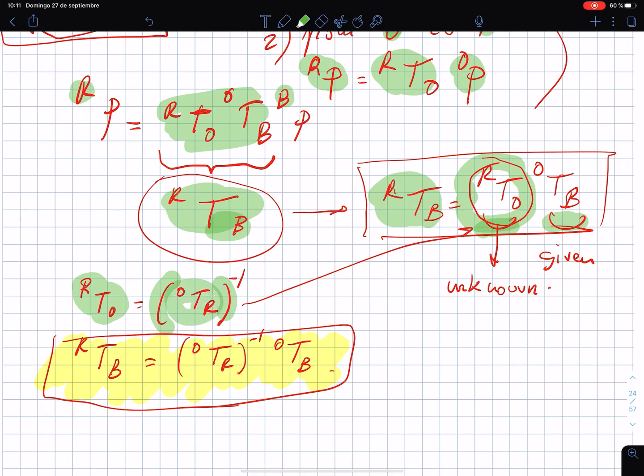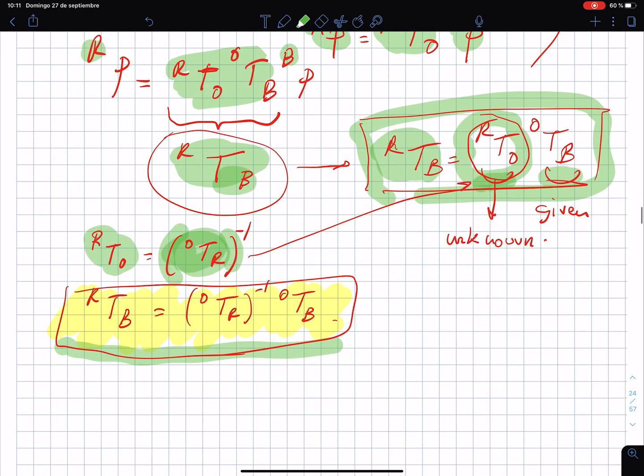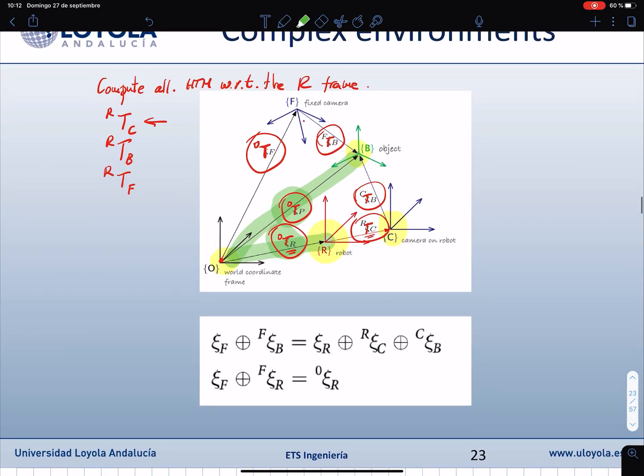And then this matrix is given. So now I can rewrite this formula using this expression, and then we have RTB equals 0TR to the minus 1, 0TB. Okay, so at first sight it might look complicated, but it's very simple. And you will become accustomed if we solve the second example. So we had RTC given.